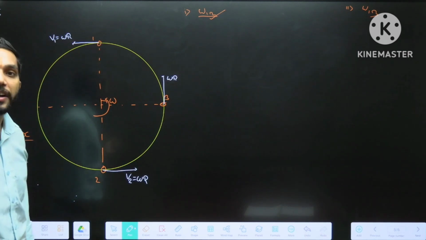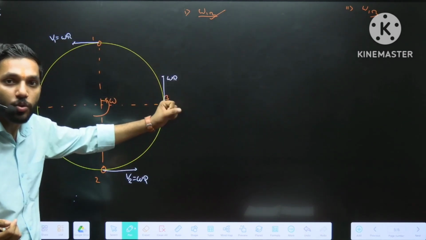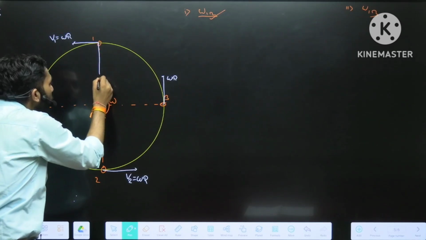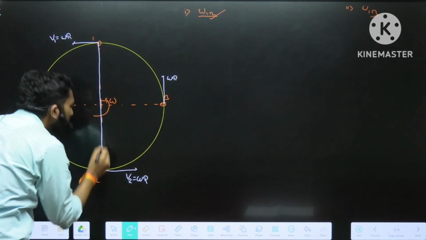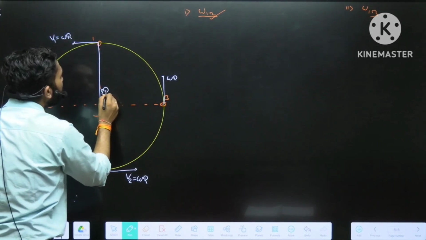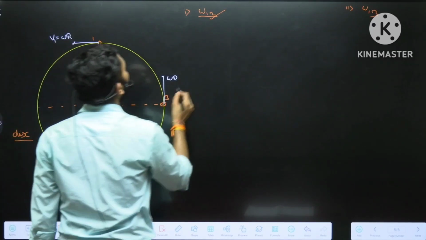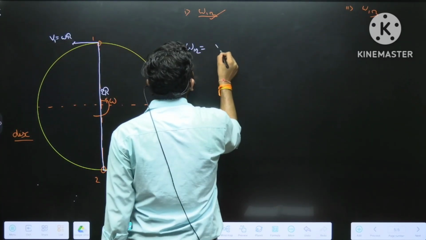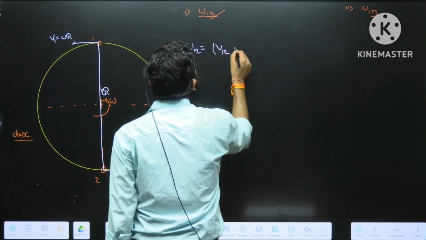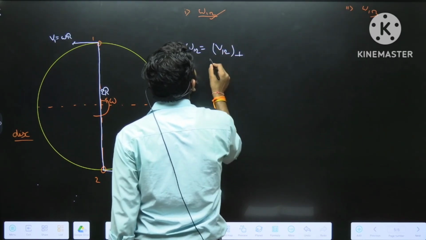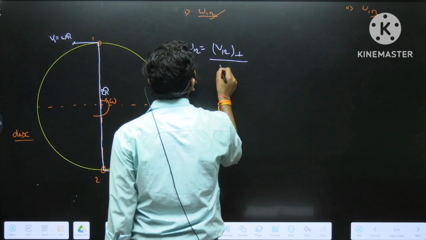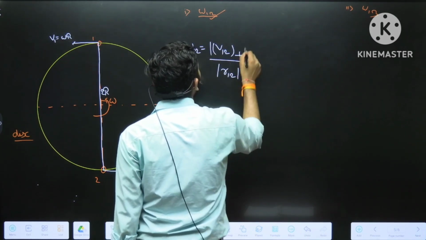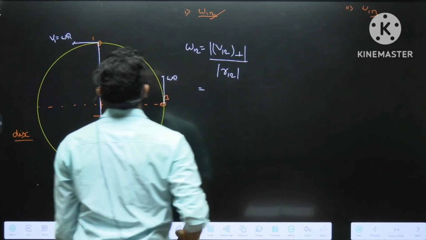Now we have to find omega of 1 with respect to 2. So what will we do? We will join the positions of 1 and 2, and the distance between 1 and 2 is 2r. Now omega of 1 with respect to 2 will be the velocity of 1 with respect to 2 perpendicular to the line joining 1 and 2, divided by the distance between 1 and 2, right? Okay, now write it.